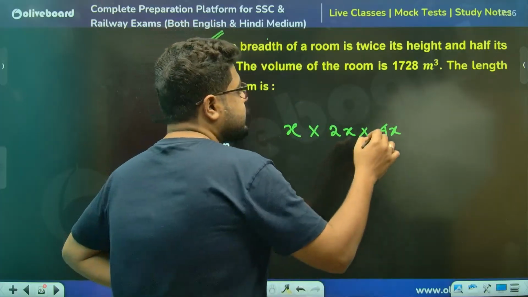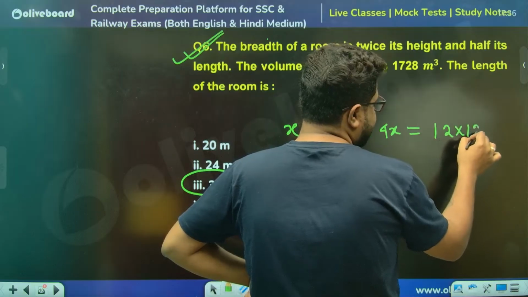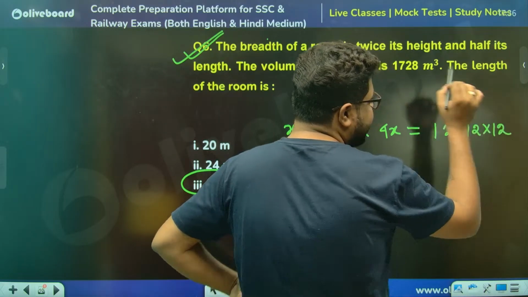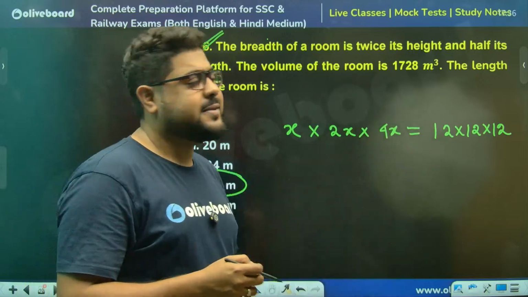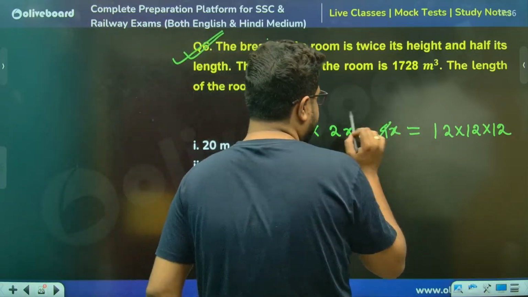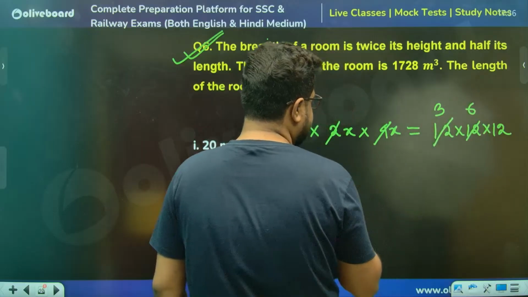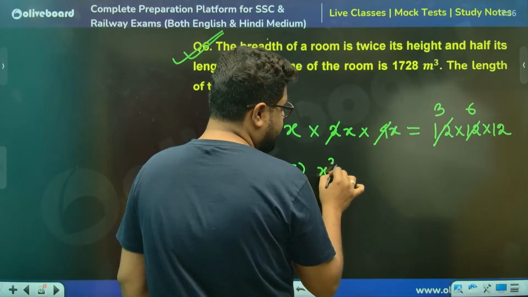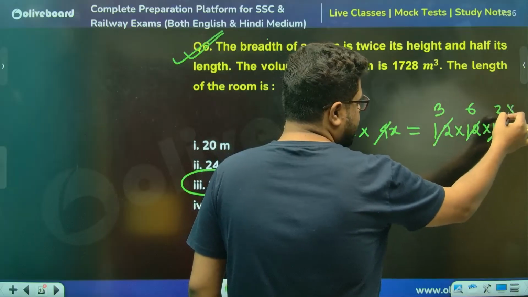This is given as 1728. I'm writing 12 into 12 into 12. Why? Because I know cancellation will happen, so this will be good. Sir, 4 threes, 2 6. So x cube, right? This I'm writing 2 into 6.